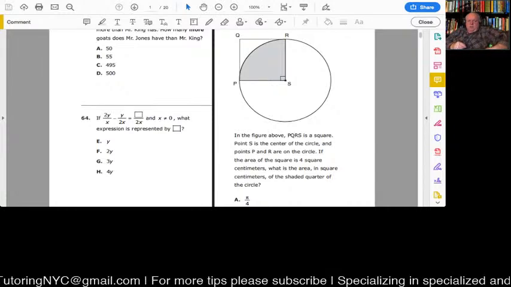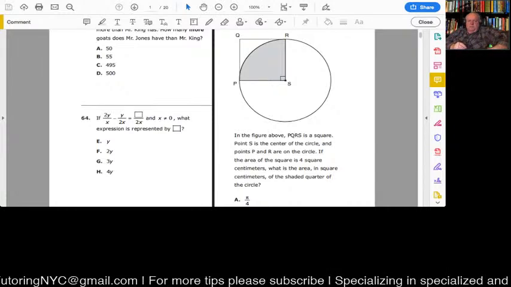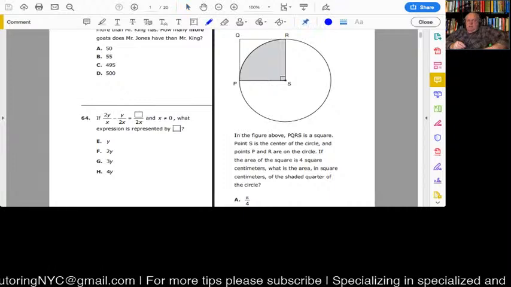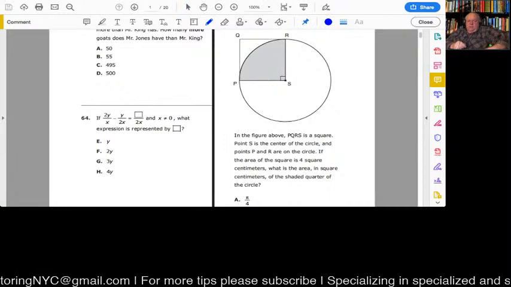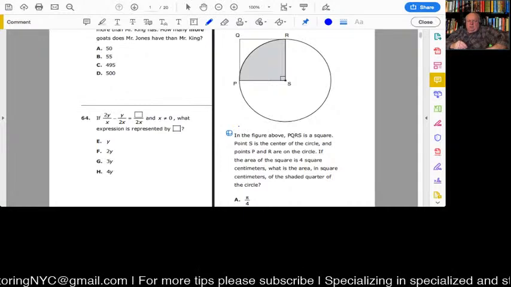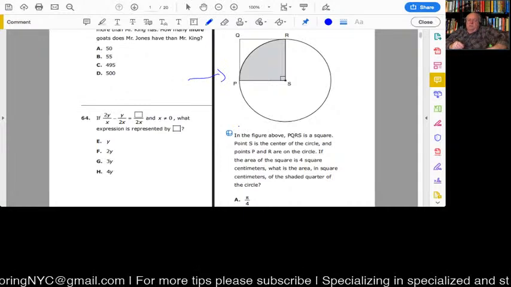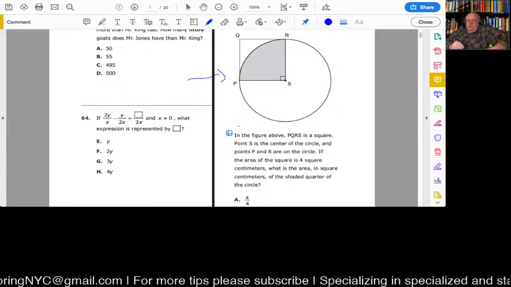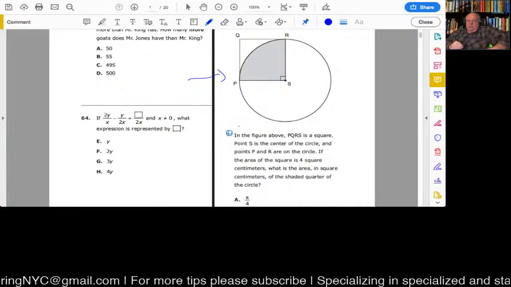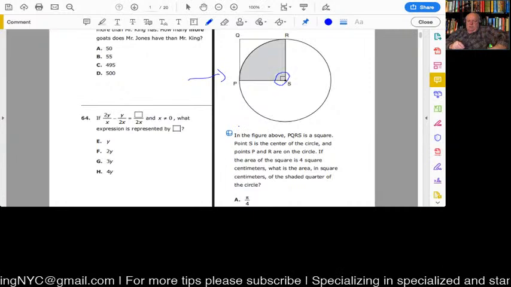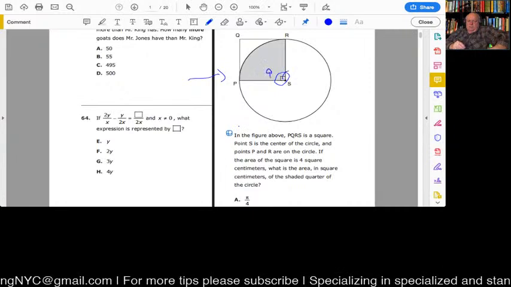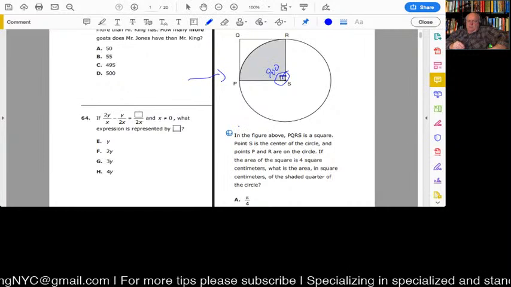I like to look at the figure first, as many of you know, and this is kind of just summarizing it. I don't look at the words originally, okay? I look at the figure of every problem; this is how I would do it. So I see what I think is a square, and I see what I think is a circle, right? I'm noticing there's 90 degrees here, because they give that little squarey thing.